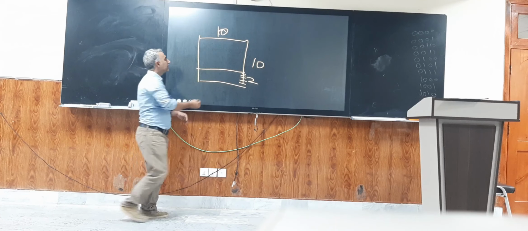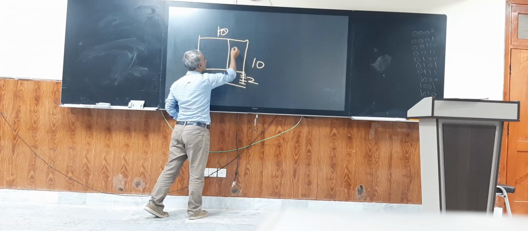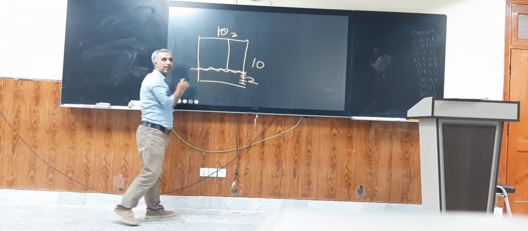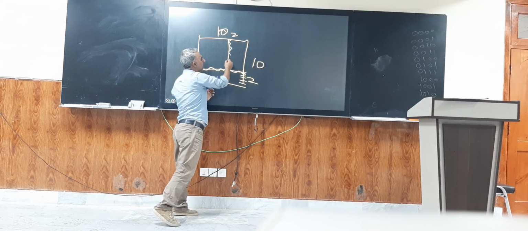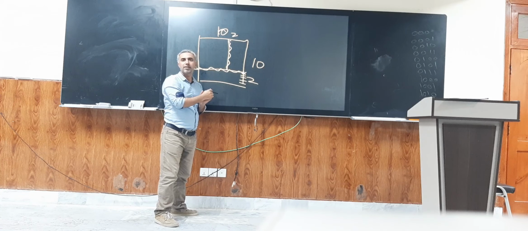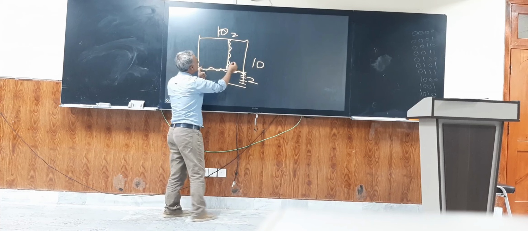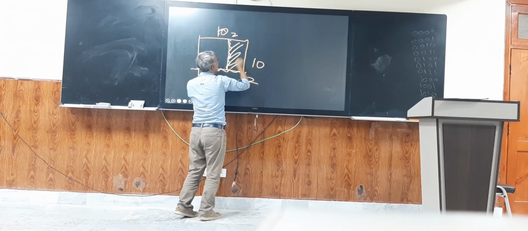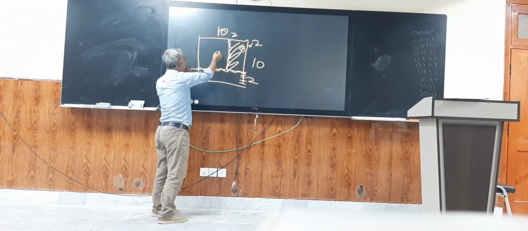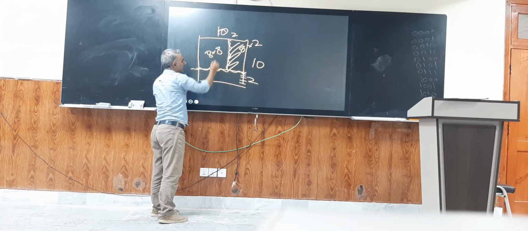So again, on this side you cut the 2. You already cut it down, but here this is the only portion left. Are you getting the point? Now this part will become 8 into 2. And this one is 8 into 8.